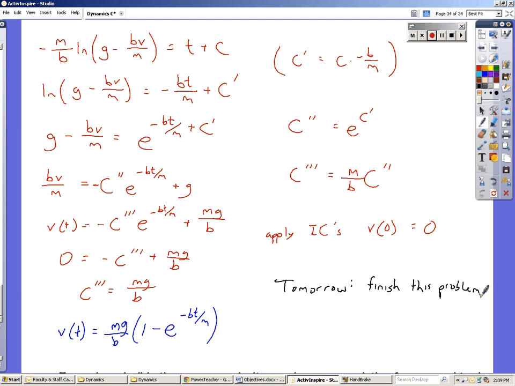Find out how much time it takes for v to reach 90% of the terminal velocity. So what you'll need to do there is find an expression for terminal velocity, multiply that expression by 0.9, plug it into the equation, and solve for t.